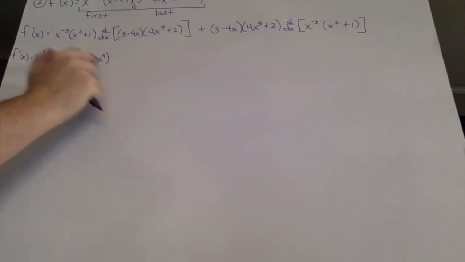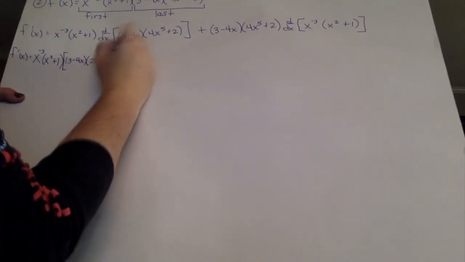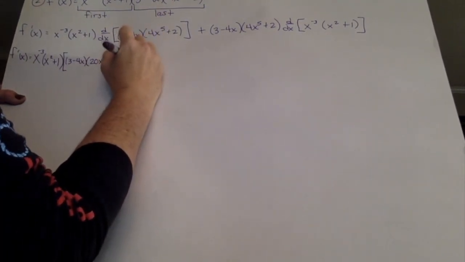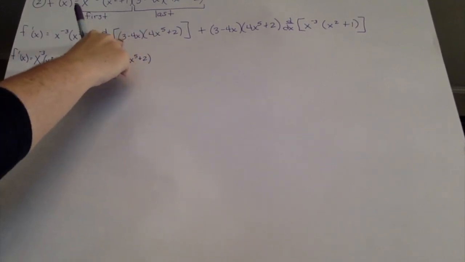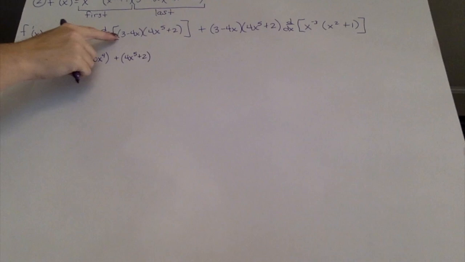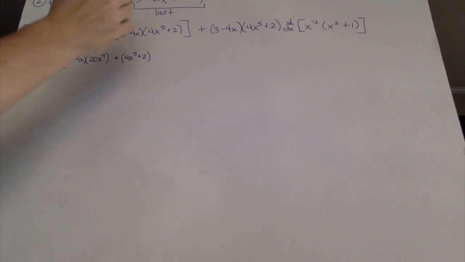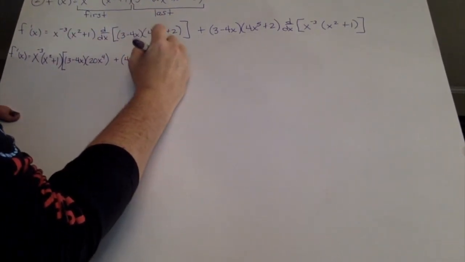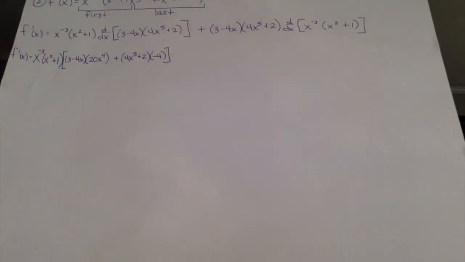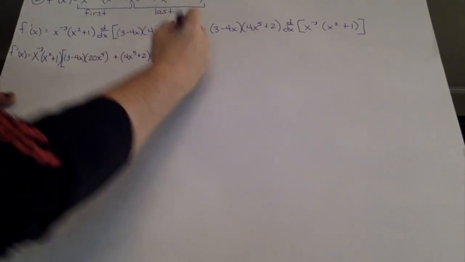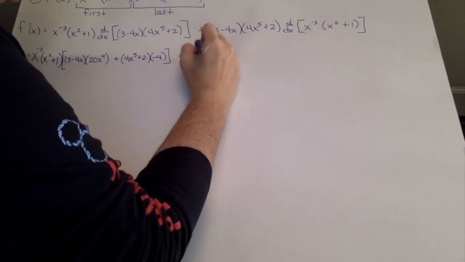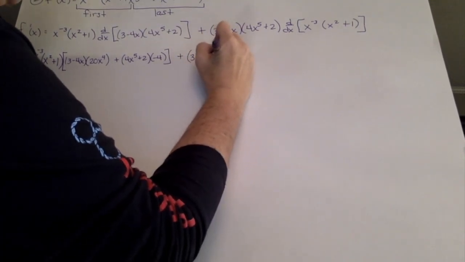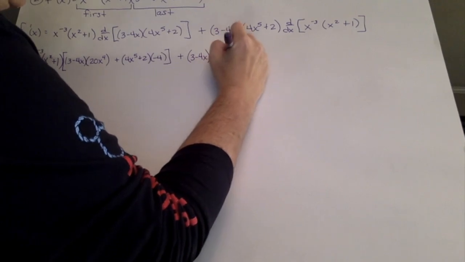The derivative of this is 20x to the fourth plus the last 4x to the fifth plus 2 times the derivative of 3 minus 4x. Well, the derivative of 3 is 0. The derivative of negative 4x is negative 4. And that's that. Plus, now I've got this set, 3 minus 4x, 4x to the fifth plus 2.